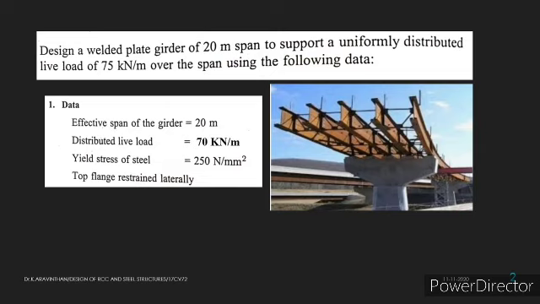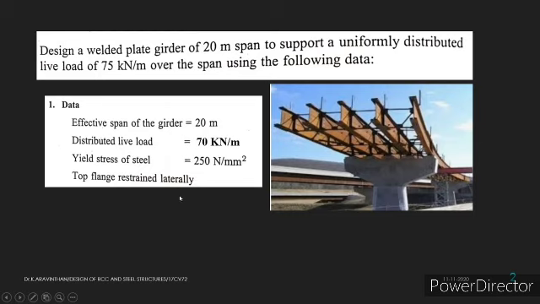So the data is in short given here. The effective span is 20 meter, that is support to support distance is 20 meter, and a distributed live load will be 70 kilonewton per meter. For each and every meter, the load will be distributed evenly with an intensity of 70 kilonewton per meter, and the yield stress of the steel is considered as 250 Newton per mm square, and the top flange is restrained laterally.